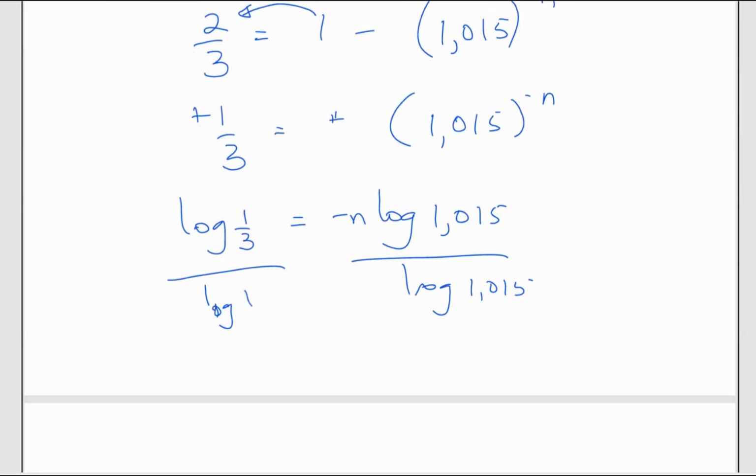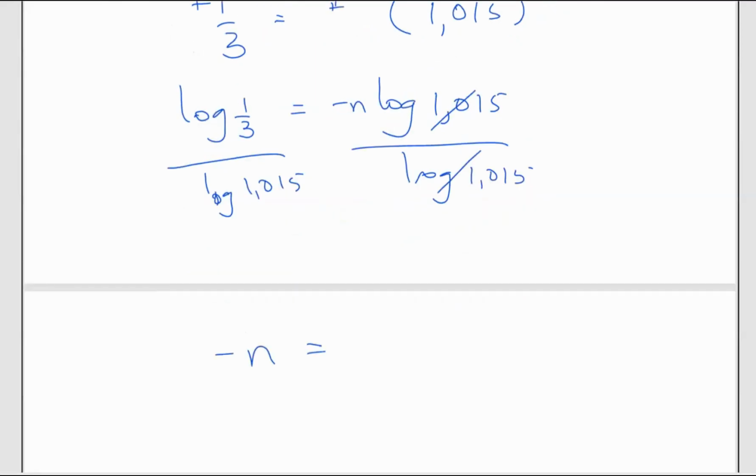So this cancels that, meaning that my negative n, let me simplify this first. It's saying log of 1 over 3 over log 1.015.